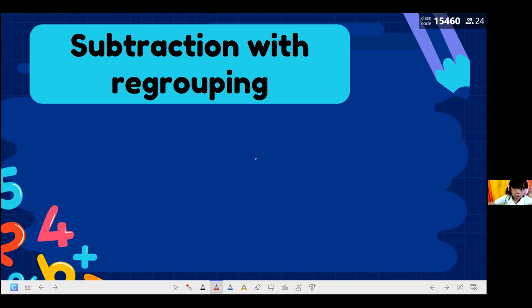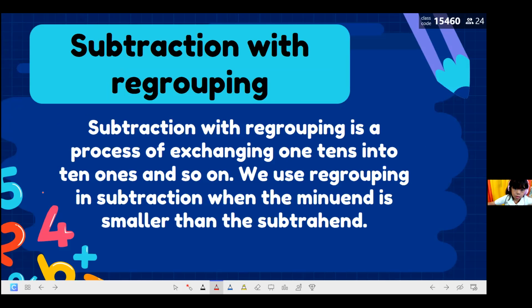Subtraction with regrouping is a process of exchanging 1 ten into 10 ones and so on. We use regrouping in subtraction when the minuend is smaller than the subtrahend, like what we did earlier.